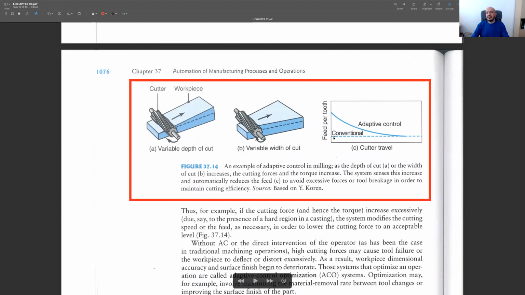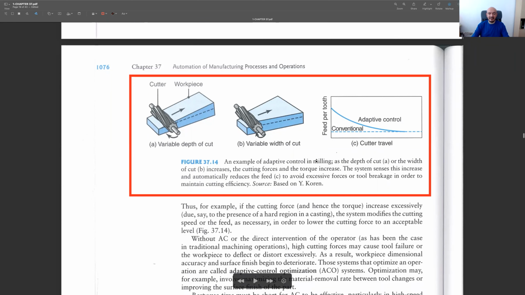So you see, if you apply the conventional approach, then it will take much more time to remove the same amount of material. But if you apply adaptive control, then for most of the motion, our speed will be much higher compared to the conventional approach, which means that in a shorter time, we will do the same machining process.